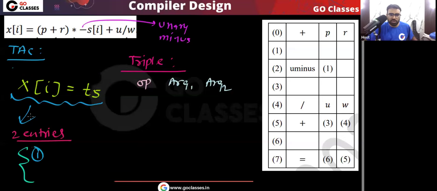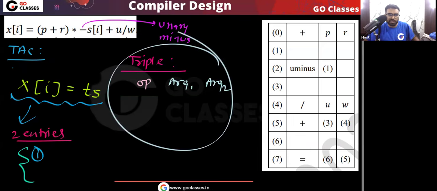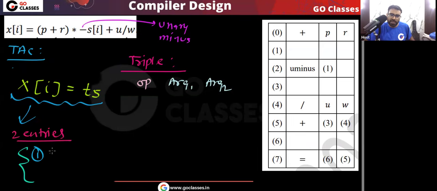Notice what is the meaning of this instruction. Here, this value of T5 we are storing at the location x plus I. Yes or no? So first you compute the location. There will be two entries in the triple representation corresponding to this instruction, and the first entry will be for computing the location.